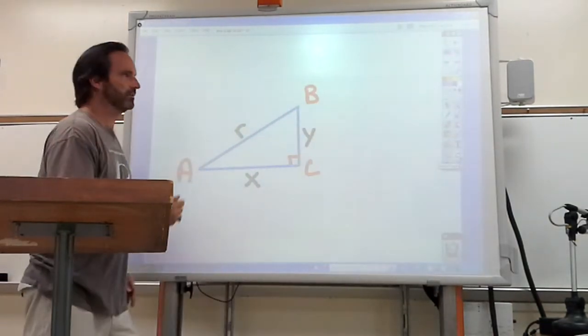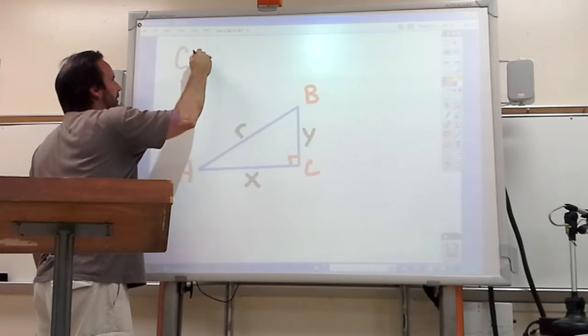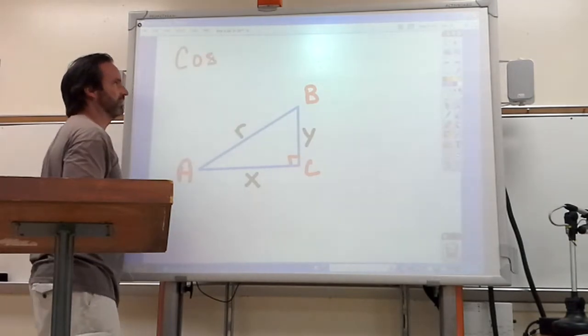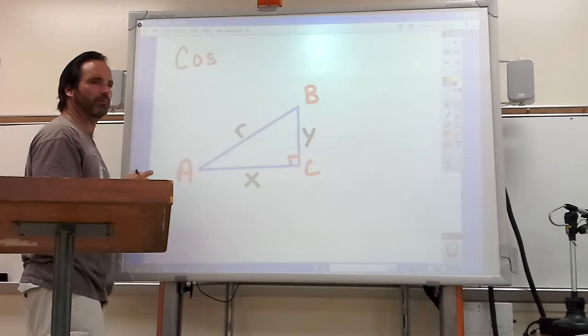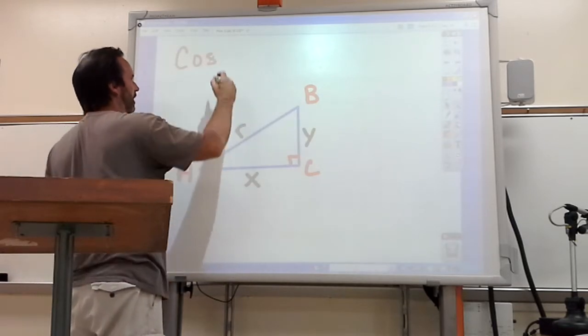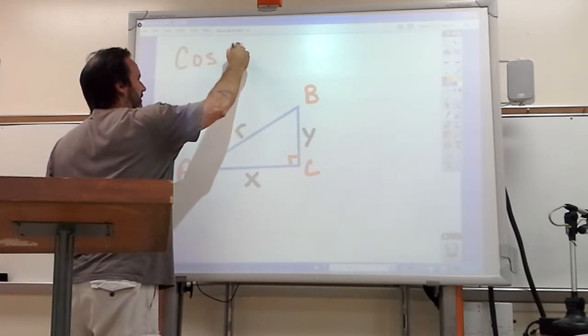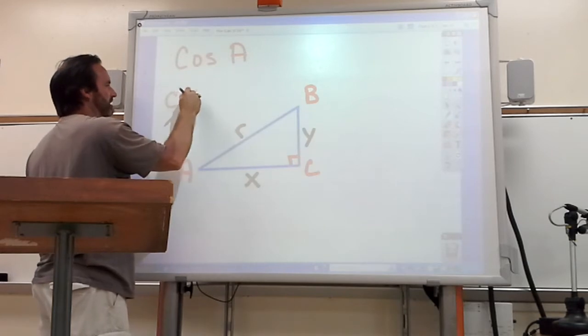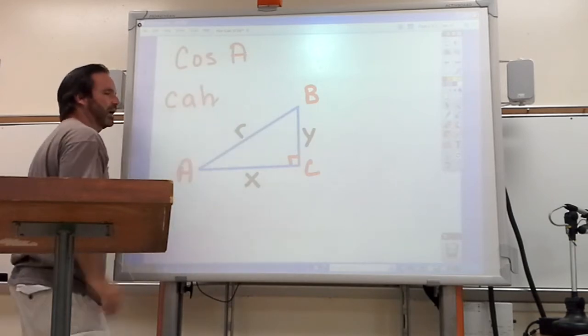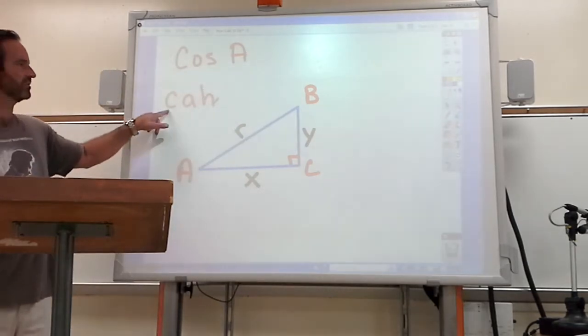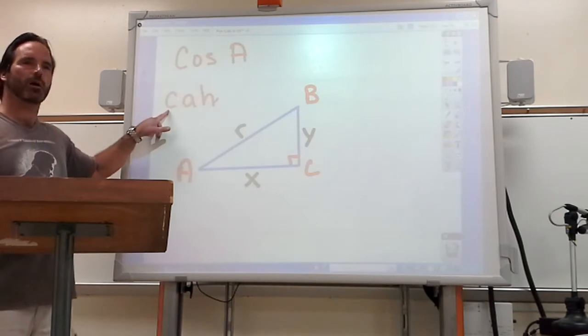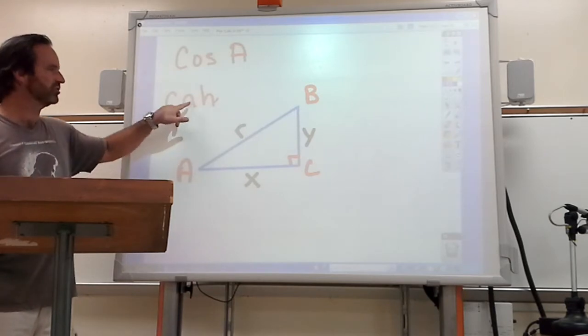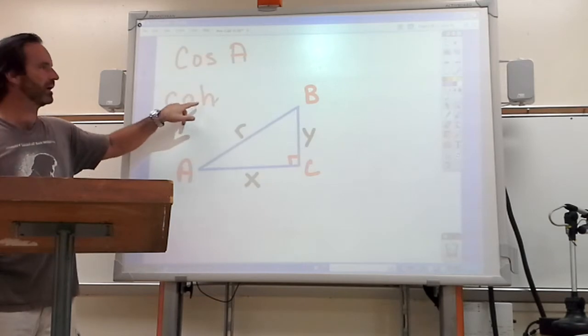Let's try cosine. Cosine of an angle comes from what? Let's try cosine of angle A again. Remember, that's the CAH. Cosine, so CAH. Cosine of an angle comes from the ratio of the adjacent side over the hypotenuse.